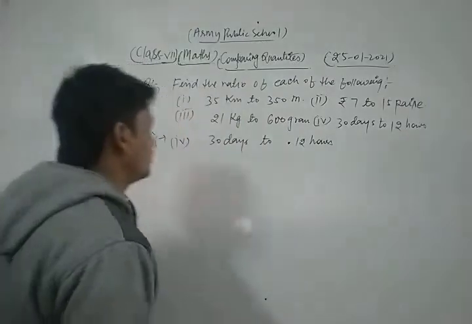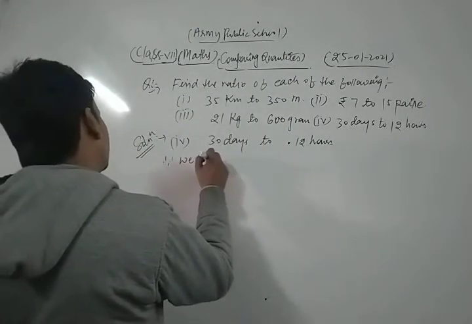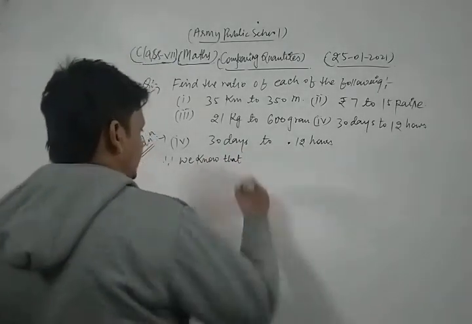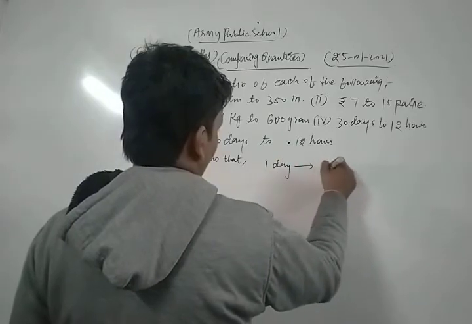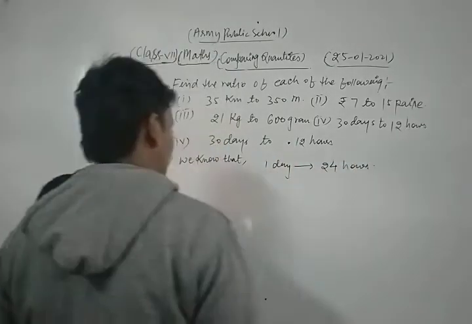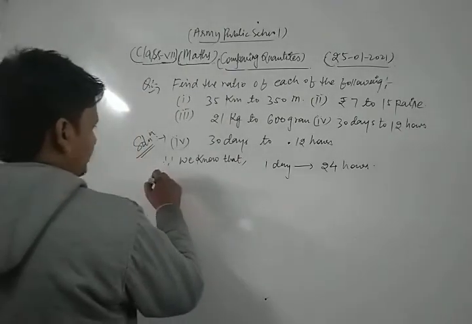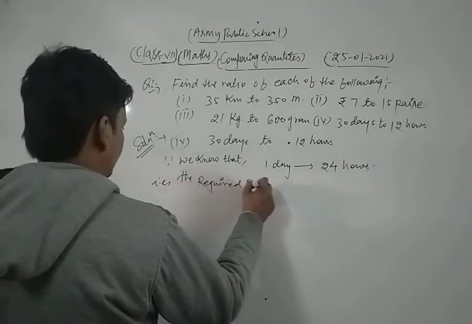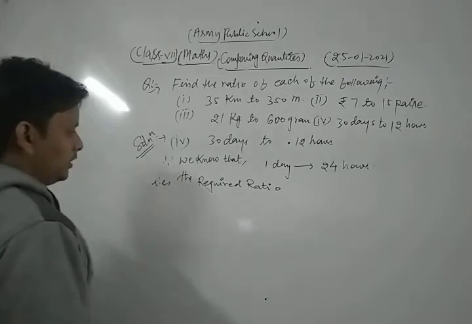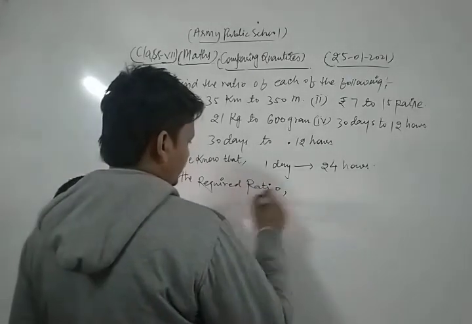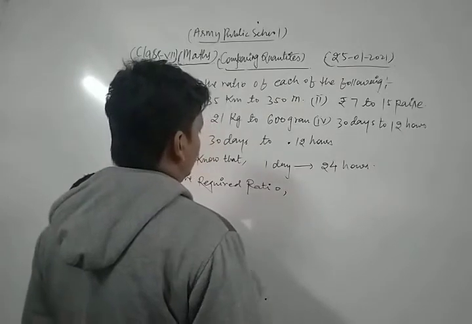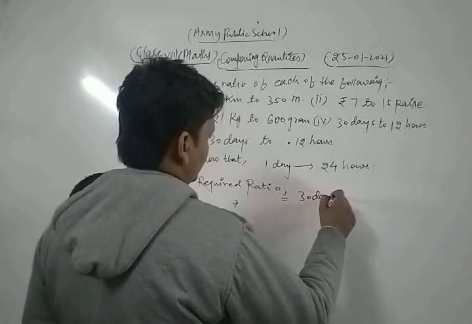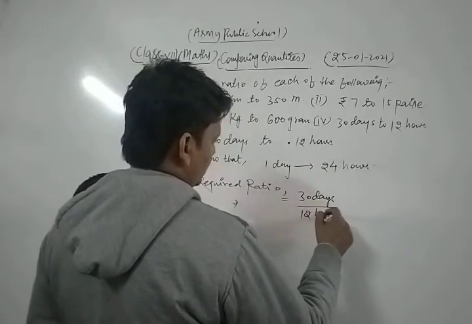So the required ratio is 30 days upon 12 hours.